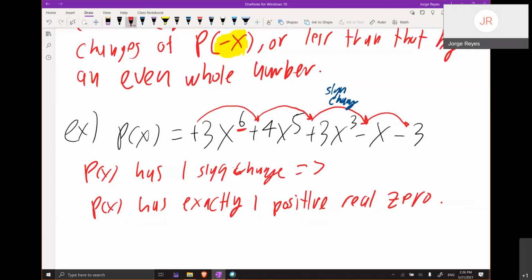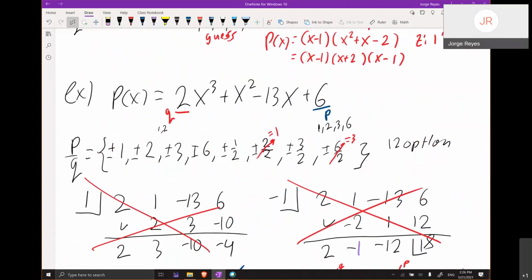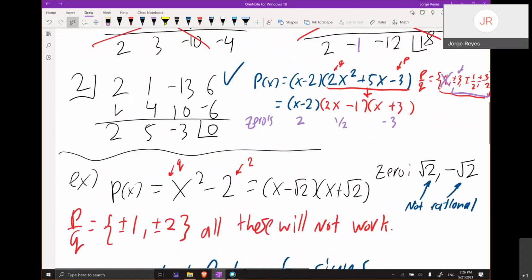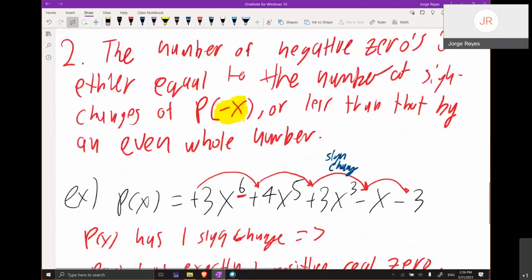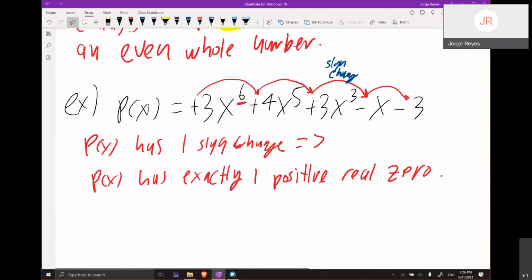So when we're doing our rational roots theorem thing, if we know 5 out of 6 of them are either imaginary or not positive, that means we should be guessing negative numbers. Okay, so that's how you can use Descartes' rule of signs to guess a little better: if you look at this, you should probably be guessing negative numbers.